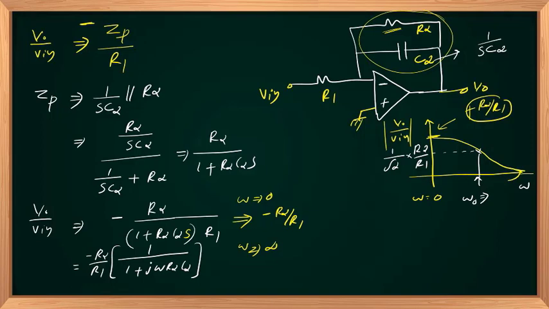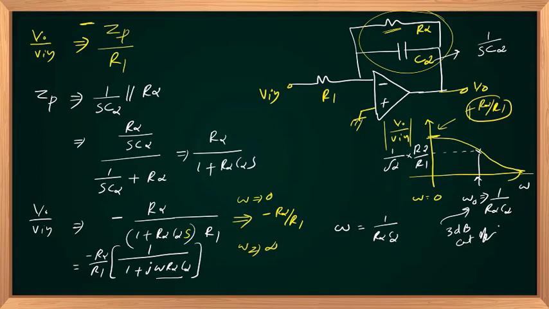To make it 1 over root 2, the magnitude 1 plus j should be 1 by root of A square plus B square, that is 1 square plus 1 square, 1 over root 2. So the j coefficient should be equal to 1. That happens when omega is equal to 1 by R2 C2. So that is called omega naught, 1 by R2 C2. That is called the 3 dB or cutoff frequency.